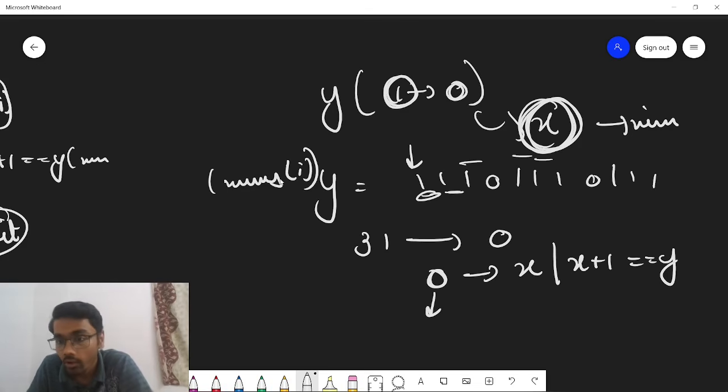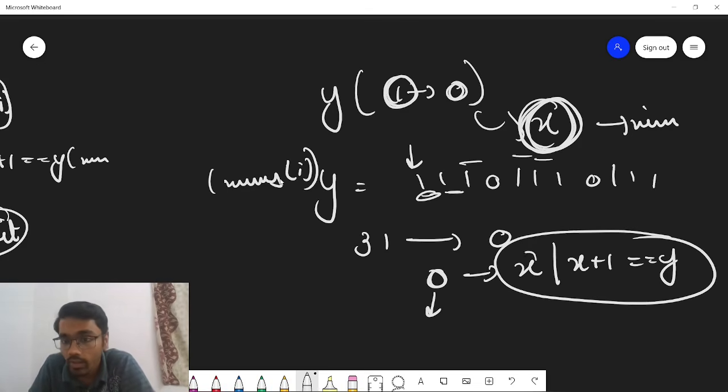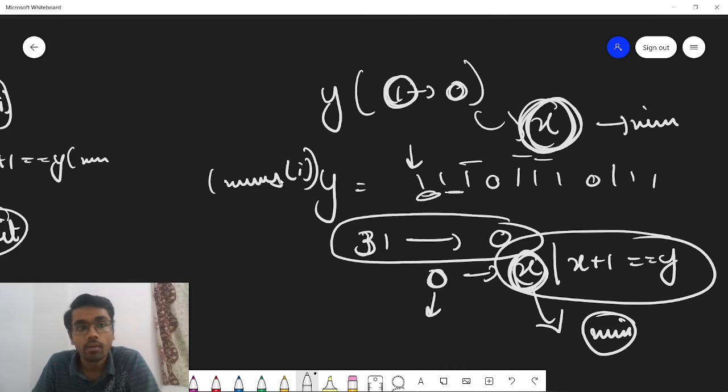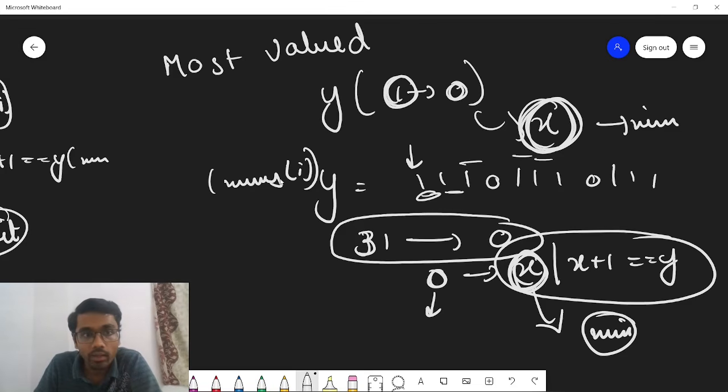If this condition holds, then this x is surely the minimum possible value. Why? Because we are unsetting the bit from the most significant bit. If the most significant bit is getting unset, the resultant value is as minimum as possible.